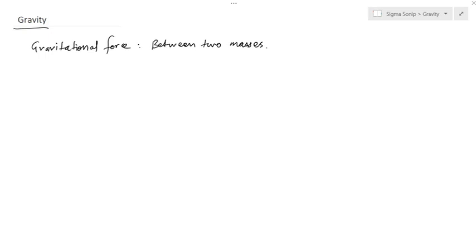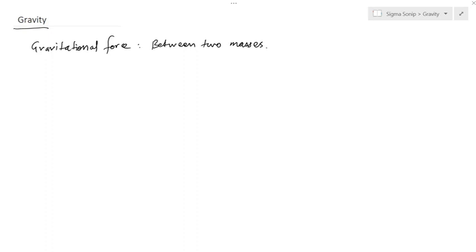If we look at electrostatic force, which is the force between two charges, we know that that force can be attractive and can be repulsive. So if you got two positive charges, two protons, they will repel each other. If you got two opposite charges, then they will attract each other, like electron and proton.